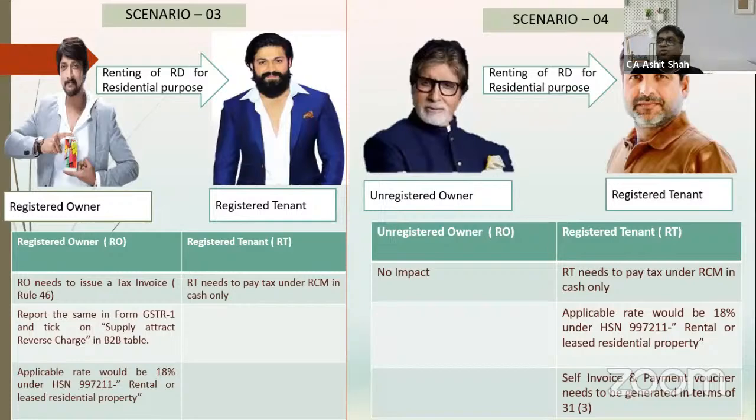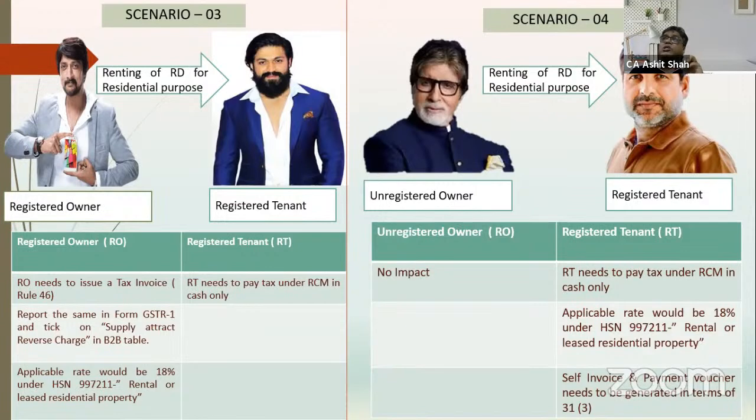Most of the time, what we have observed is that whenever renting of either movable or immovable property is given, whether for commercial use or residential use, nobody makes a tax invoice. Let's say this is our agreement, on the basis of this monthly rental we are receiving, but they are doing something wrong. The owner has to issue the tax invoice on a monthly basis to the lessee, because this is the law.